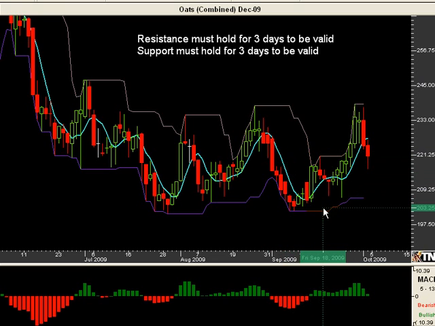No longer are we having to decide where to get in. We have our line in the sand, and the market will tell us which way it wants to go from here. Now I know this all might seem rather confusing, so let's do a few examples so that you can see how this actually works in real life.